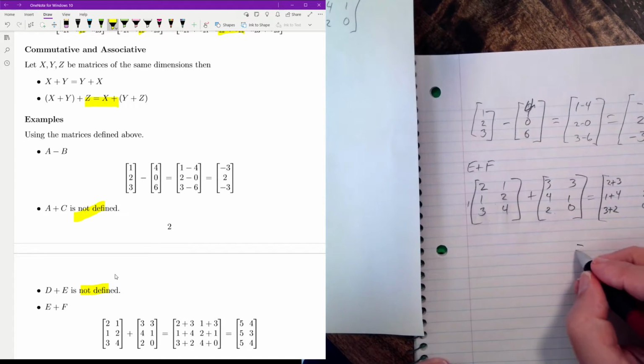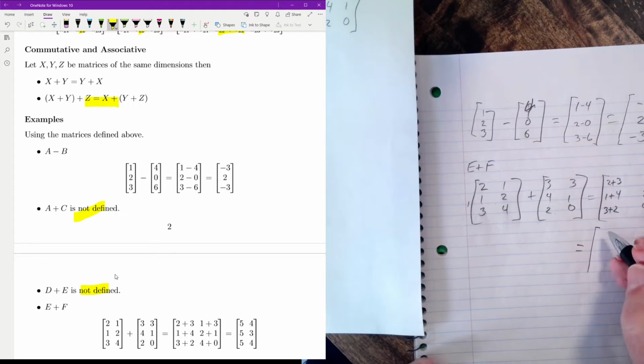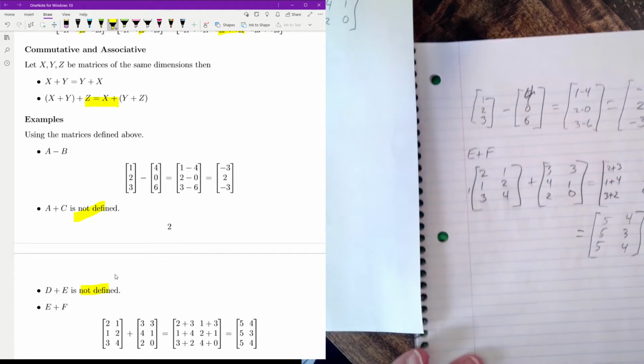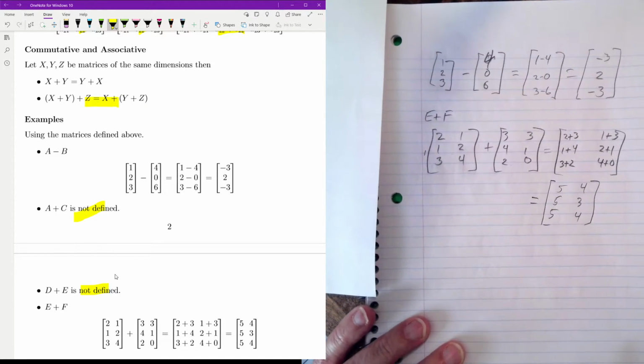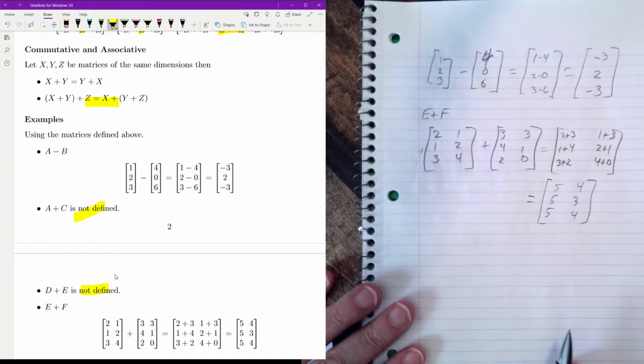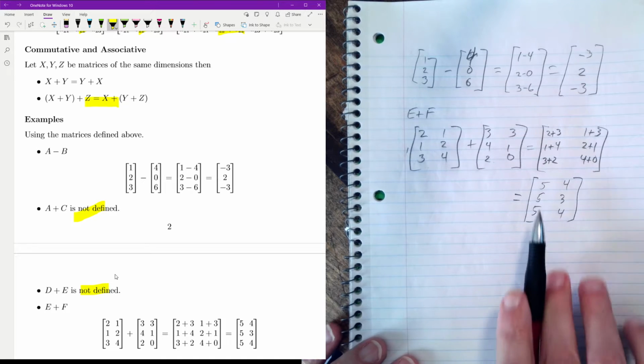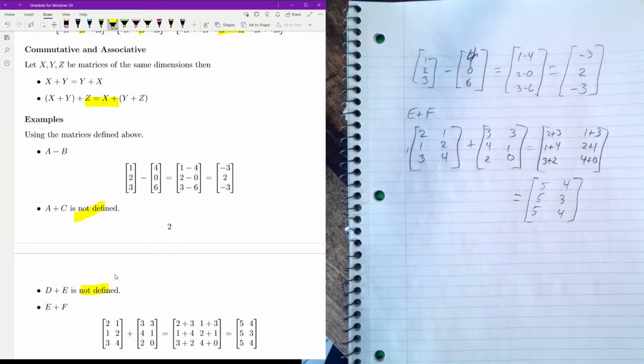And that equals 5, 5, 3 plus 2 is 5, 4, 3, and 4. So this is the result of adding those two matrices, E and F, together.